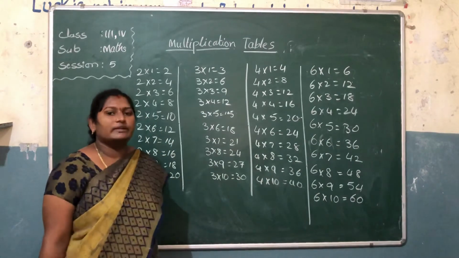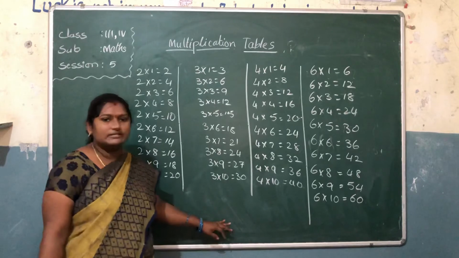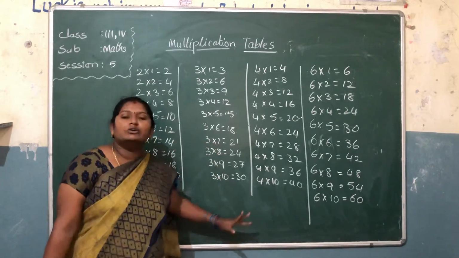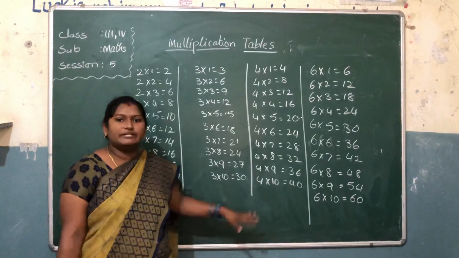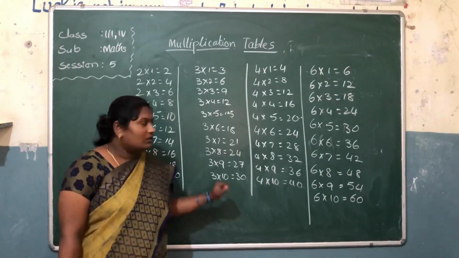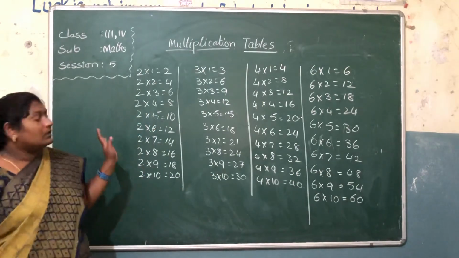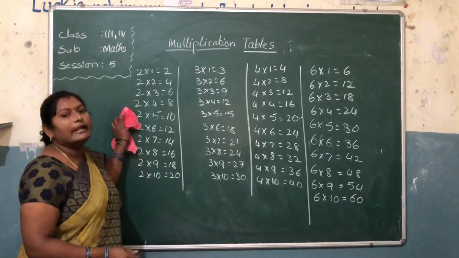The 5 table is homework, right? So the 6 table also we know. I already told you repeated additions, right? So if you don't know the 7 table and 8 table, you have to count with repeated additions. Okay? Now I explain the 9 table.